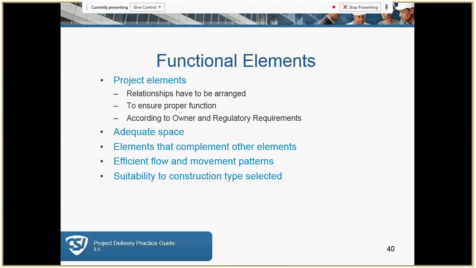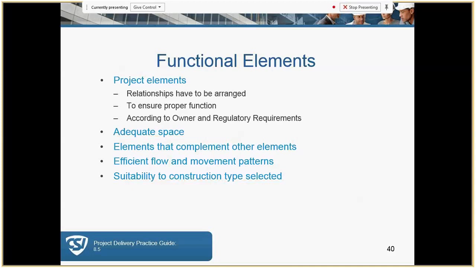Adequate space, I'm sure you've all seen the need for mechanical space and other types of space increasing, affecting the budget in terms of the aesthetic that the owner might like to achieve. That would be elements that complement other elements, elements that challenge other elements. We want to have efficient flow and movement pattern, and we want it to be suitable to the construction type selected.